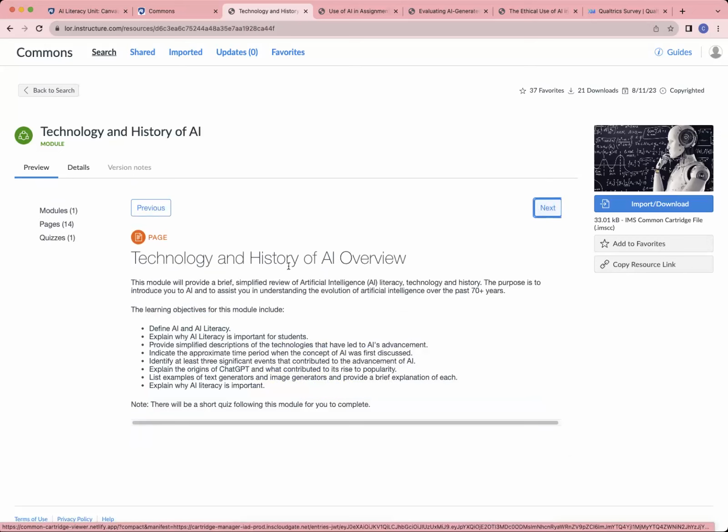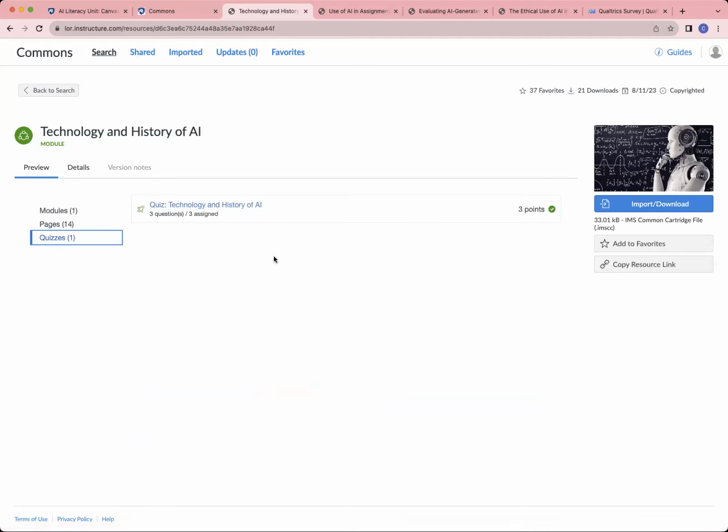Each unit also has objectives. This is a good place to start to just familiarize yourself with the content. At the end of each of these units, there's also a quiz, and they're not particularly hard quizzes, but they are a way to ensure that students actually read the content.